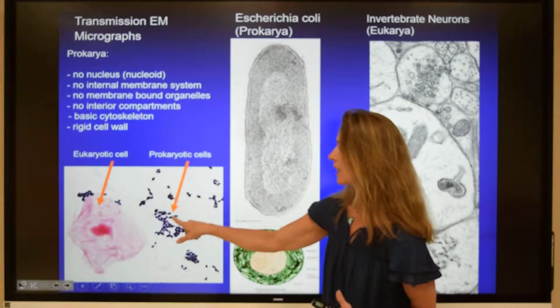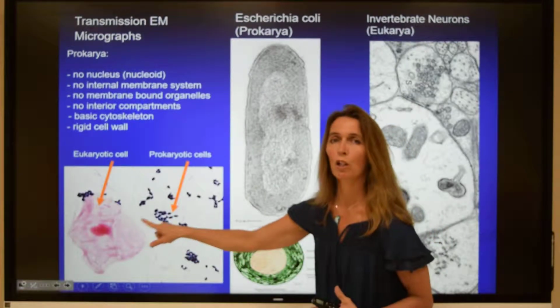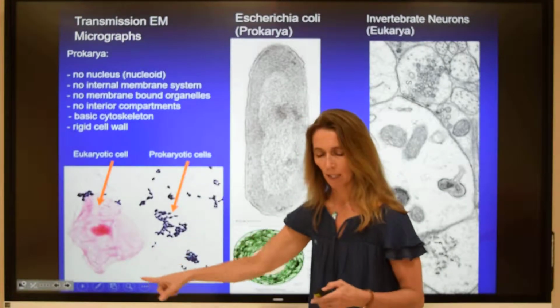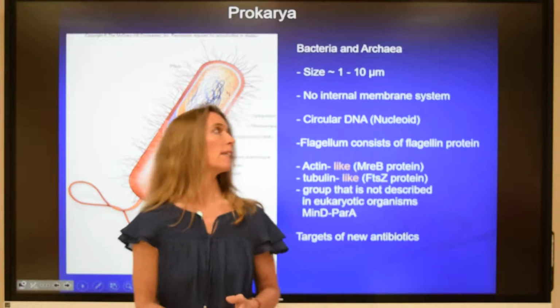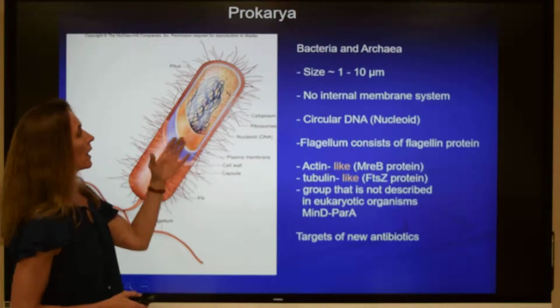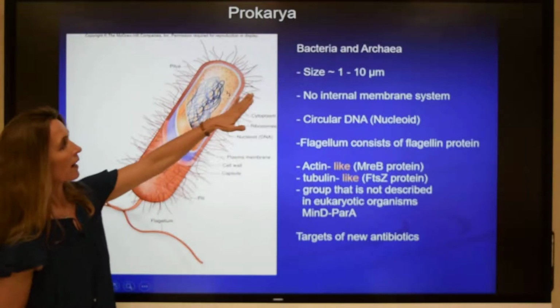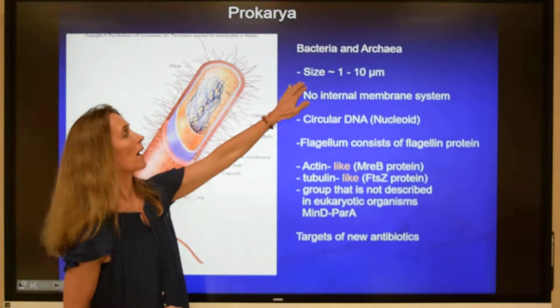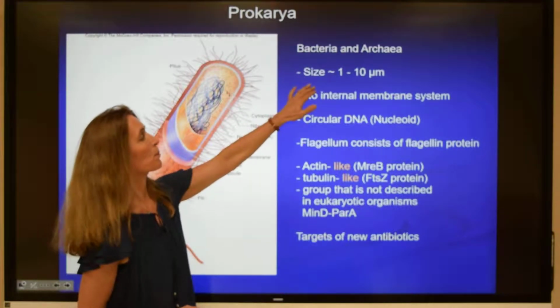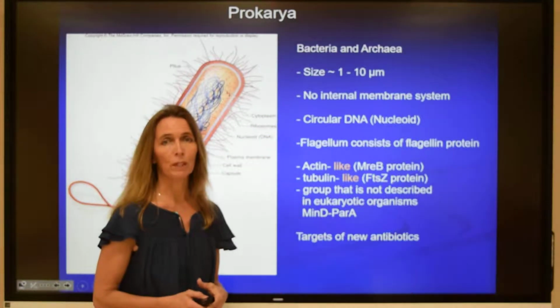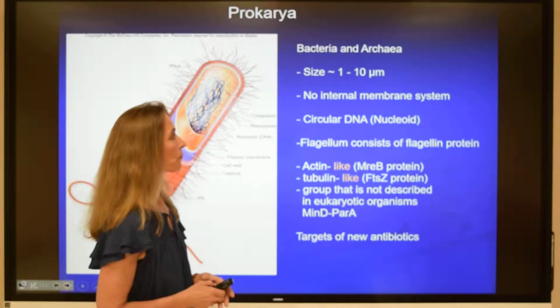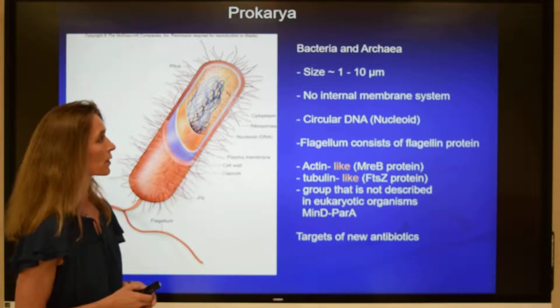You can see that they are very small compared to eukaryotic cells. Bacteria usually range in size between 1 and 10 micrometers, depending on the species.